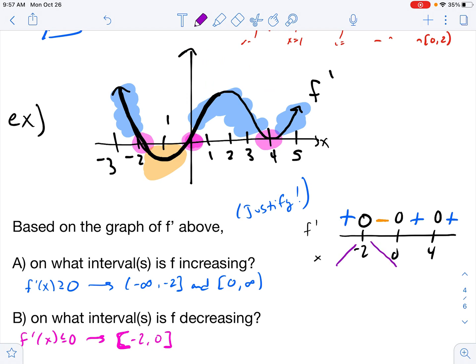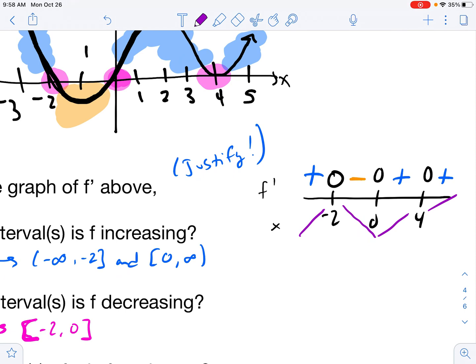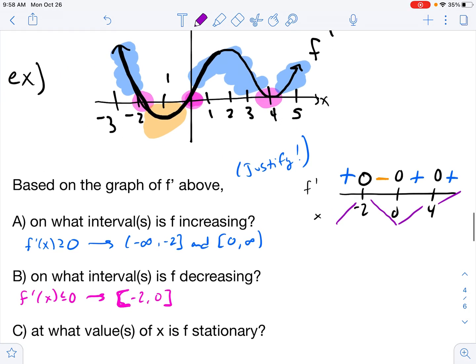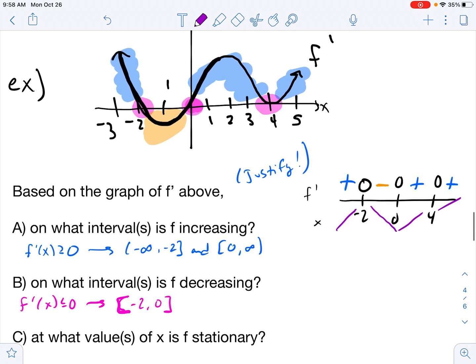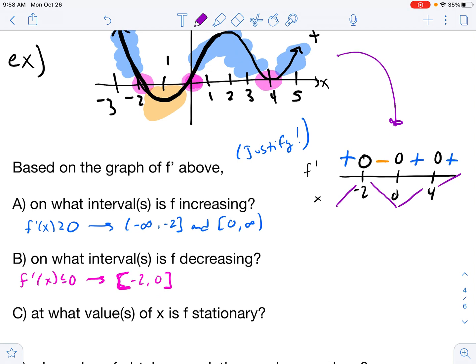And now we can sketch: increasing, decreasing, increasing, and still increasing. Okay? And we can see those intervals now. Increasing from negative infinity to negative 2, increasing from 0 on, decreasing from negative 2 to 0. We can also see the maxes and mins that way, okay? So if it helps, take the graph, turn it into the number line.